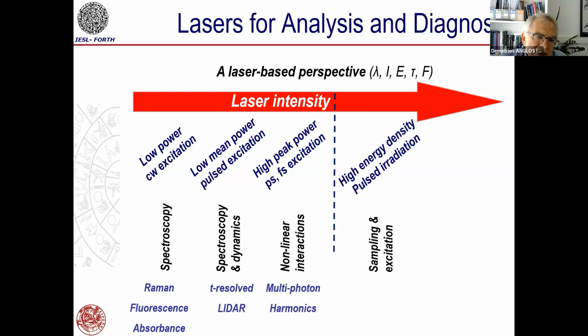So if this is happening, the material removal is equivalent to sampling, and the interaction of that sample with the laser can also be considered as excitation. So if the energy density is relatively low, we can remove through ablation or desorption material from a solid sample, for example, and analyze this through mass spectrometric tools.